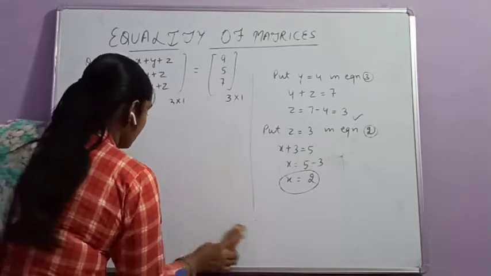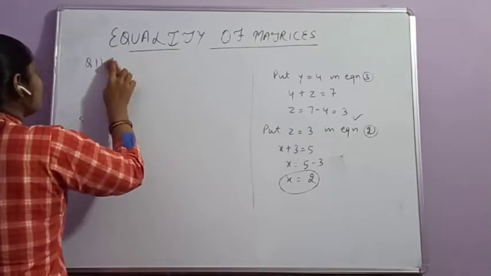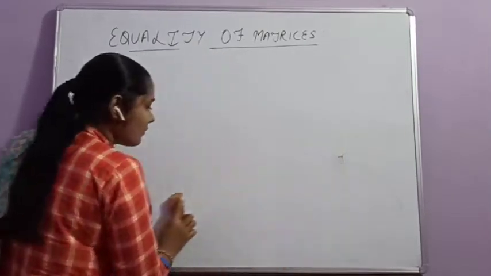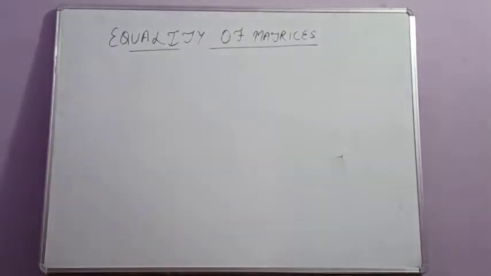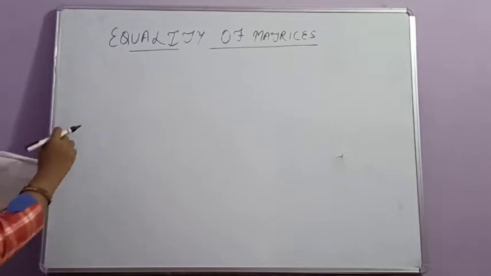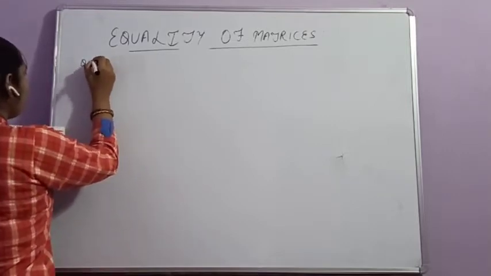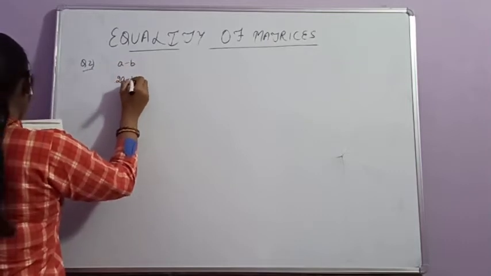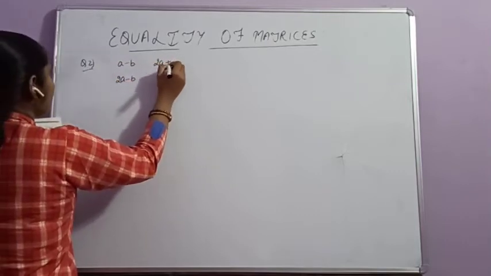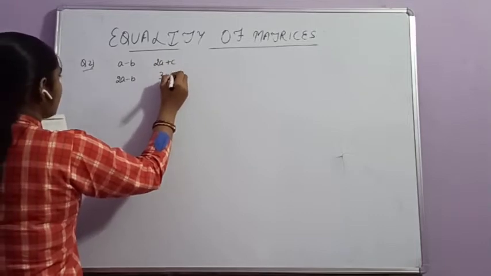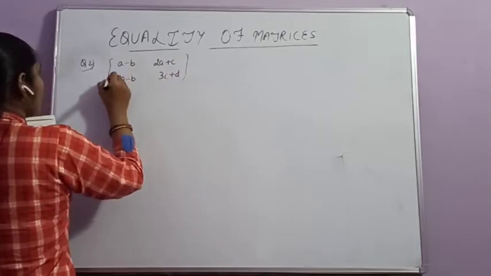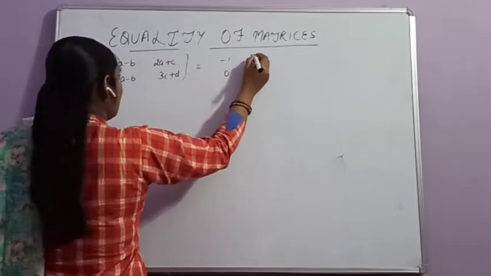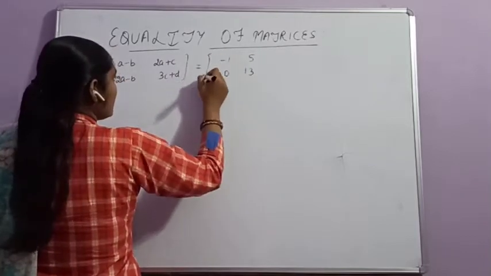We can take another example. That is a minus b, 2a minus b, 2a plus c, 3c plus d, that is equal to minus 1, 0, 5, 30.